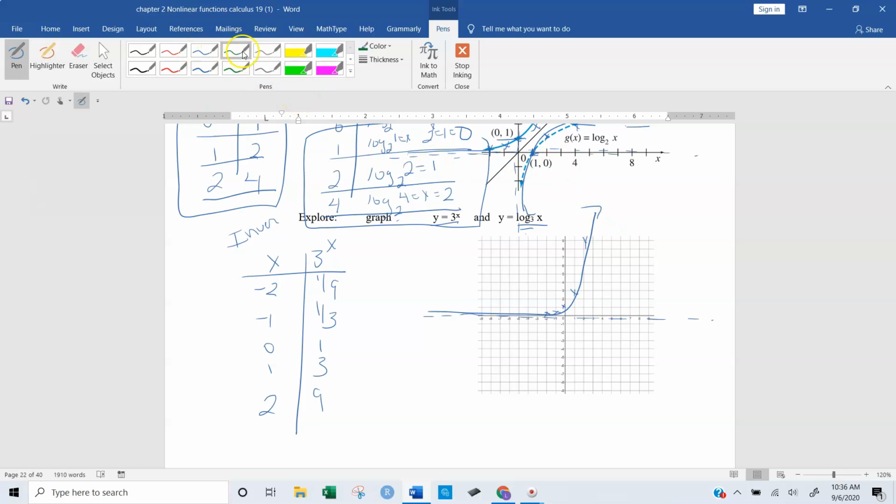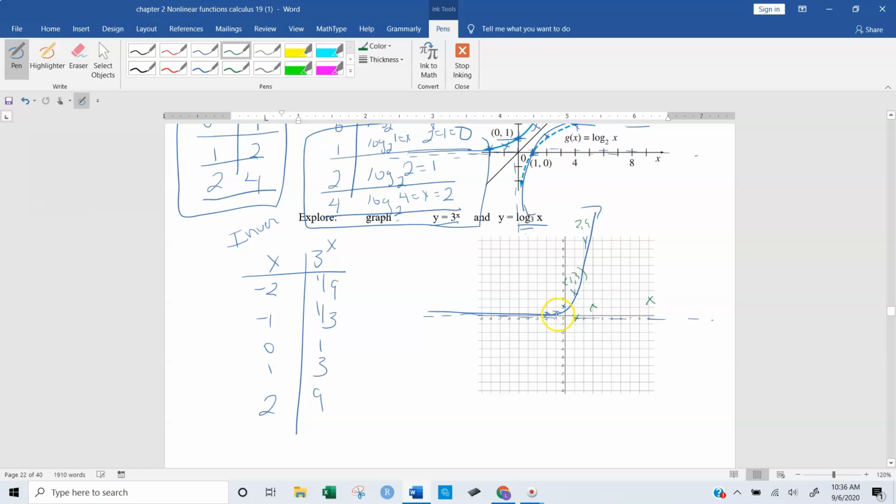Now to graph the log, it's the inverse of this. So we're just going to change the points. Instead of 2, 9, I'm going to graph 9, 2. Instead of 1, 3, I'm going to graph 3, 1. Instead of 0, 1, I'm going to graph 1, 0. And I can continue.